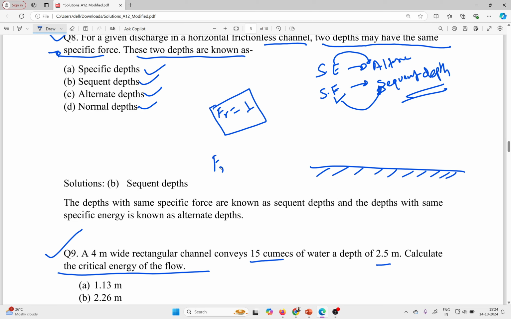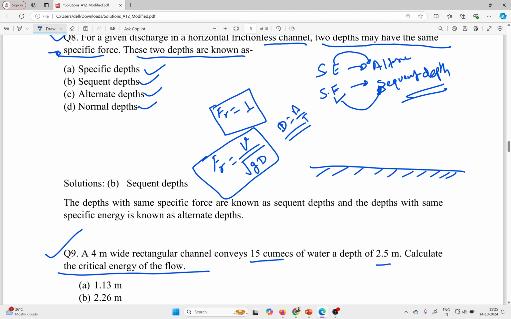For calculating the Froude number, we require velocity, g and hydraulic depth. Hydraulic depth is nothing but area by top width.